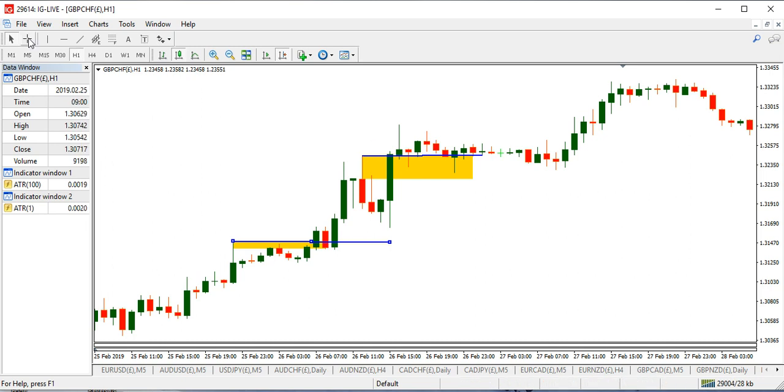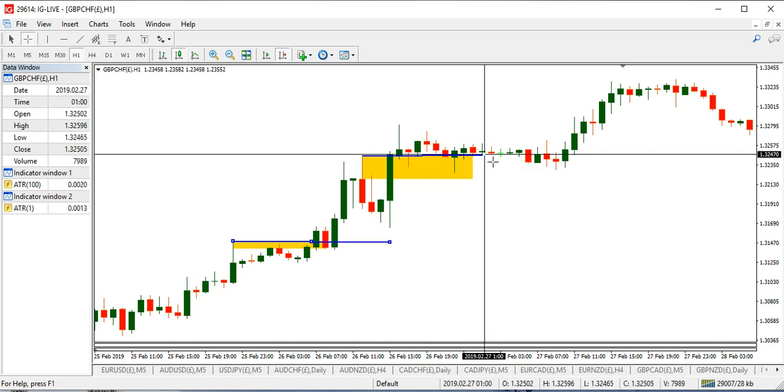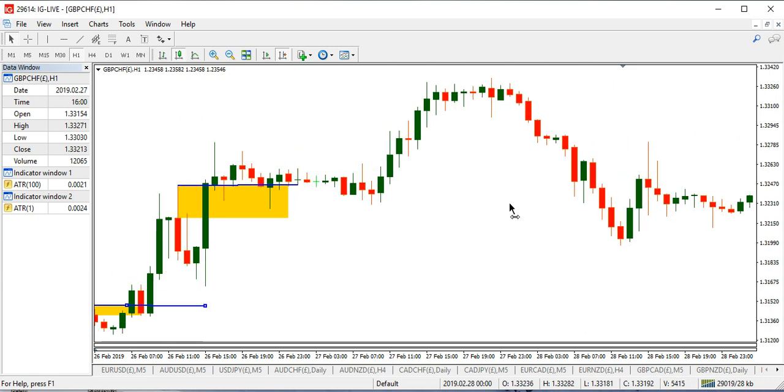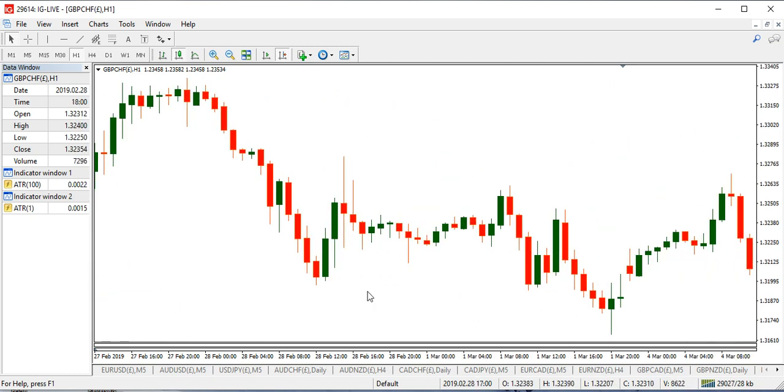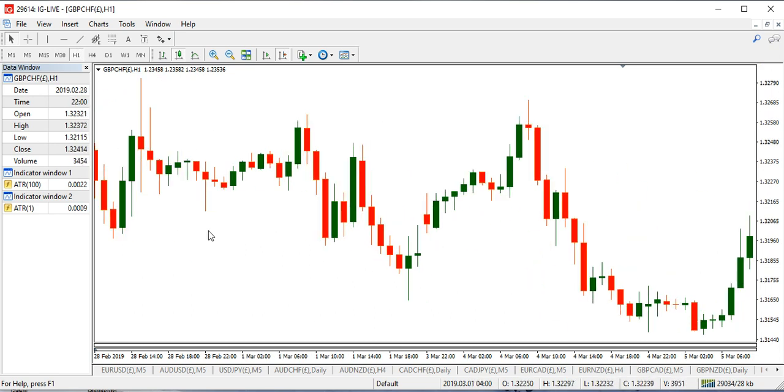And that's not much on a 1 hour chart. We've got 29 points there, and we easily make double that. So that's the way we go. Price here is trapped within these two areas, so we'd be looking at breakouts there.